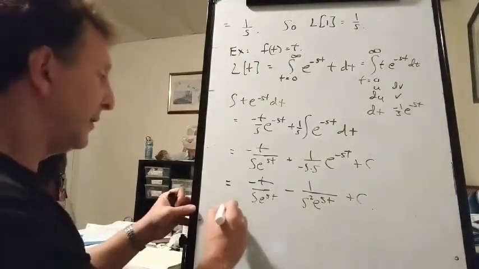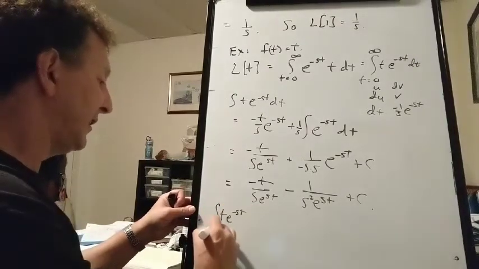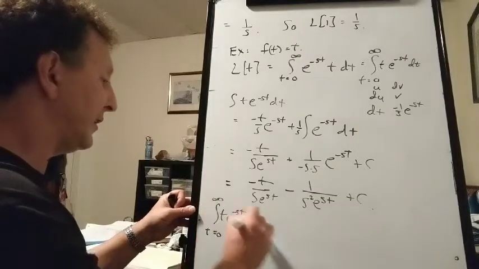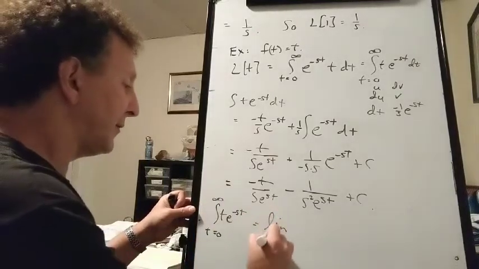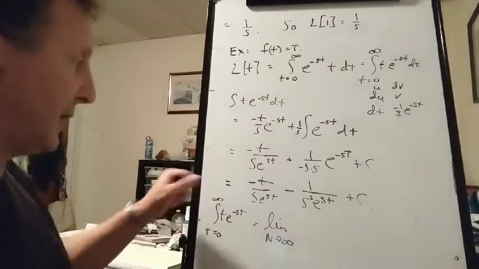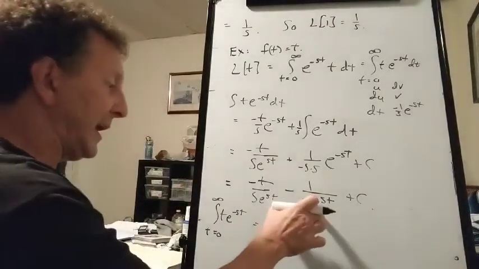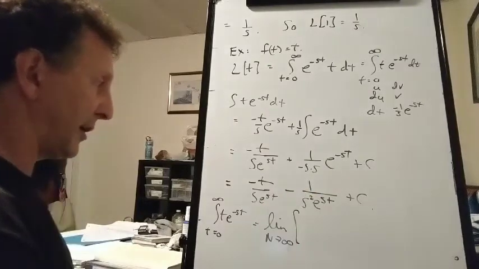Then the integral of t e to the negative st from 0 to infinity is the limit as capital N goes to infinity of, we can plug in n and plug in 0 and subtract.